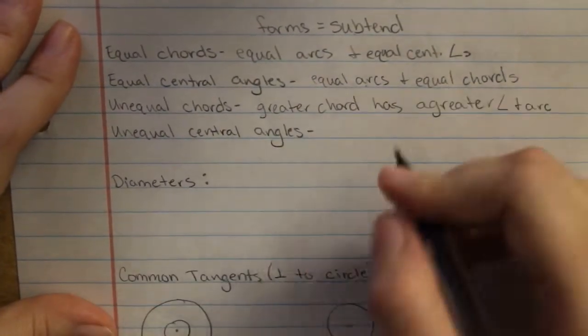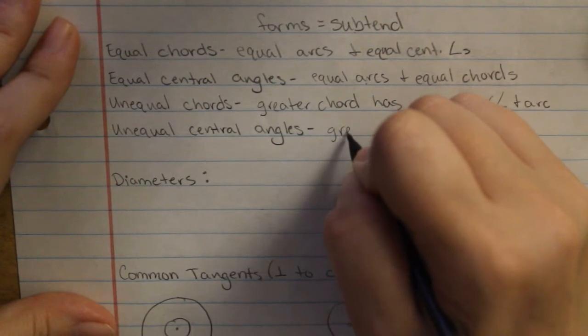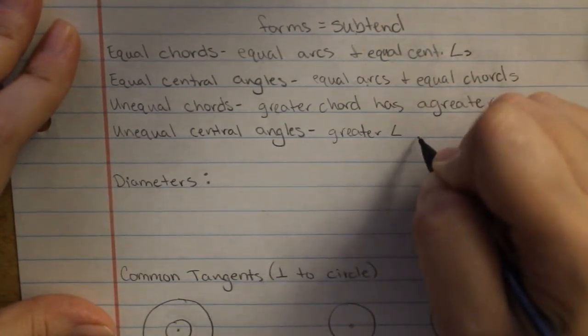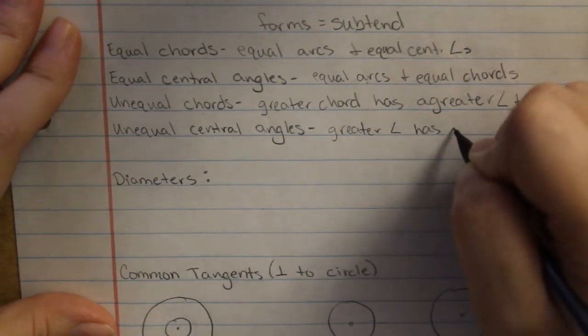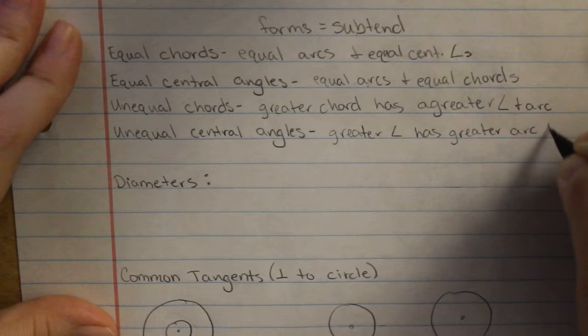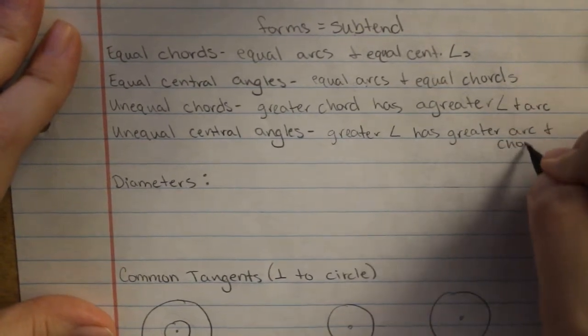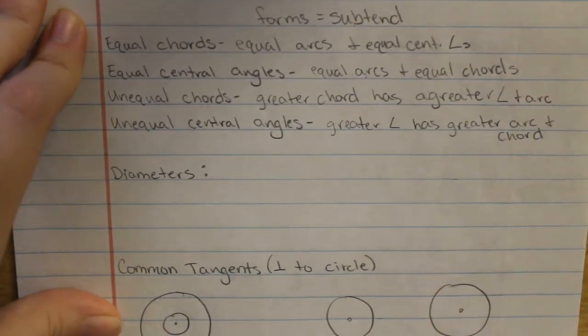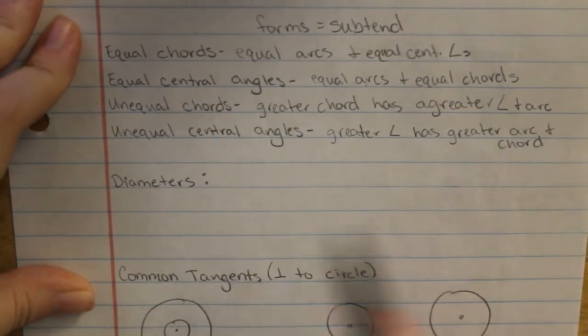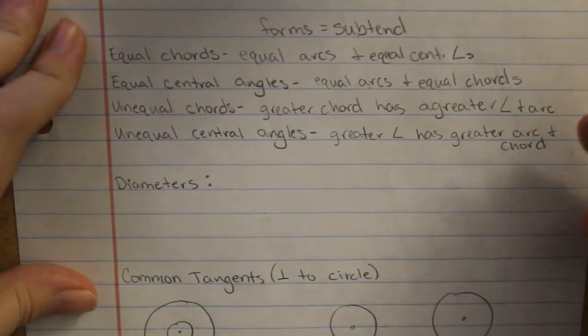And then for unequal central angles, the greater angle subtends, so has, the greater arc and chord. Okay, that's all that means. So for unequal stuff, larger has larger, smaller has smaller. So the smaller angle has the smaller chord.